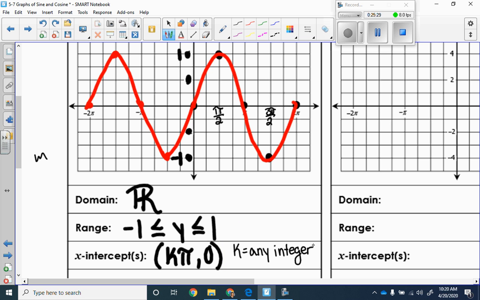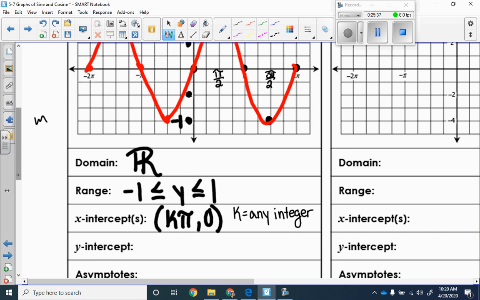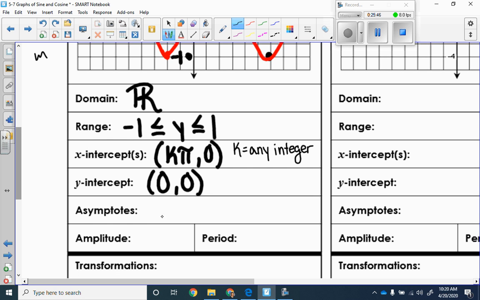So you would have x-intercepts at 1 pi, 2 pi, 3 pi, 4 pi, and so on, negatives as well. Our y-intercept is going to be at 0, 0. And there are no asymptotes in this situation here.